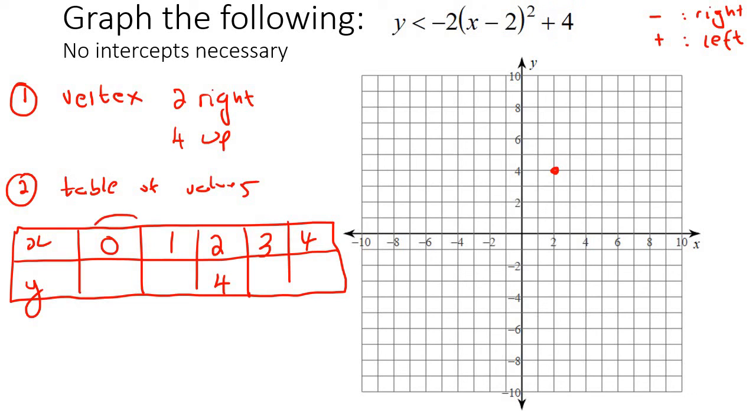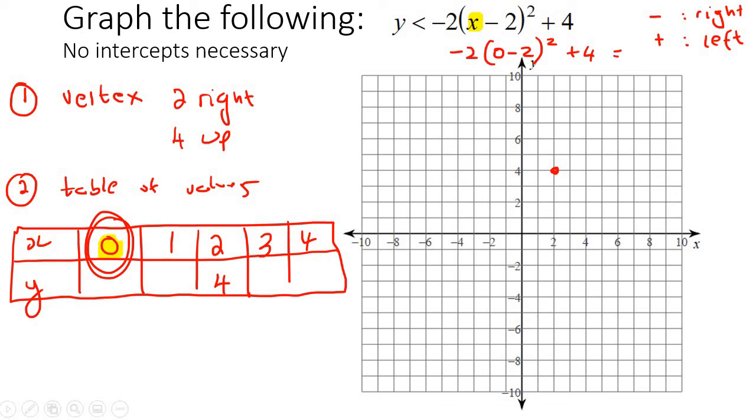So I'm going to choose these 2 over here, but obviously you can't do both of them at the same time. So I'm going to start with this. I'm going to take that x value and plug it into the x place. So that's going to be 0, take away 2, negative 2, 0 take away 2, squared plus 4.